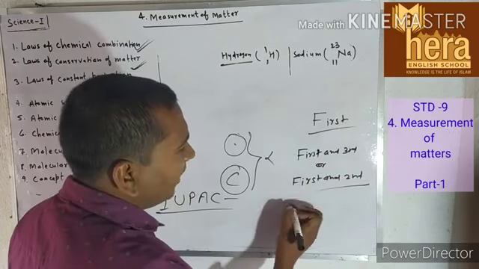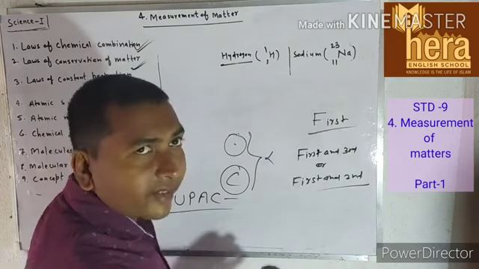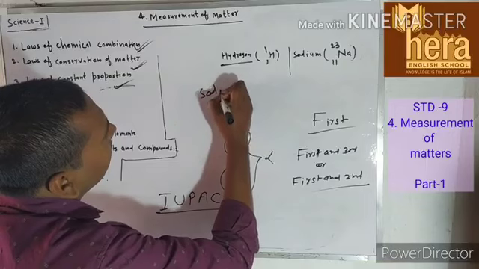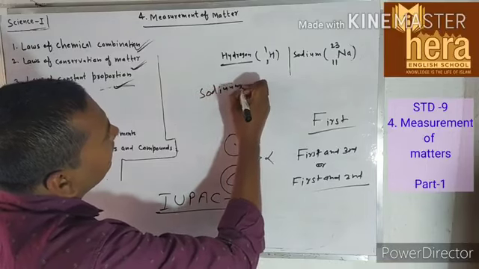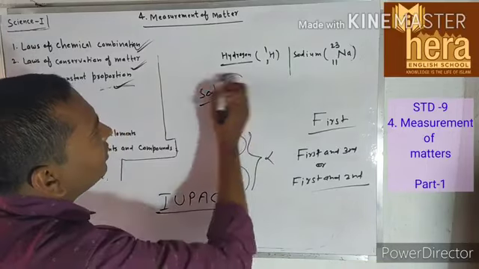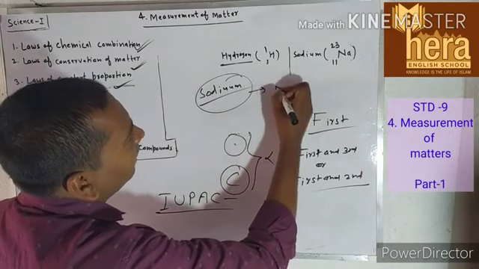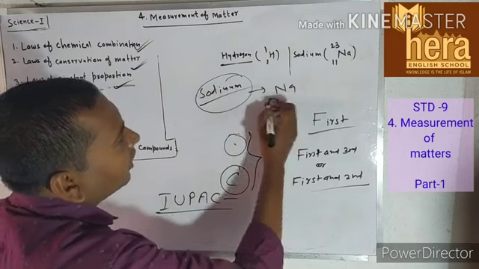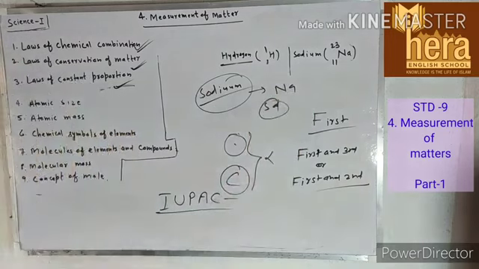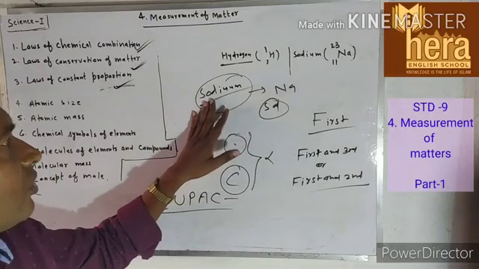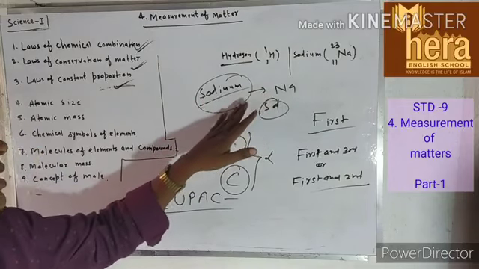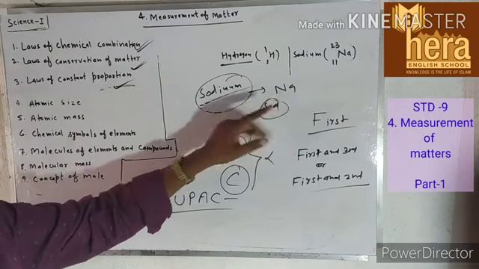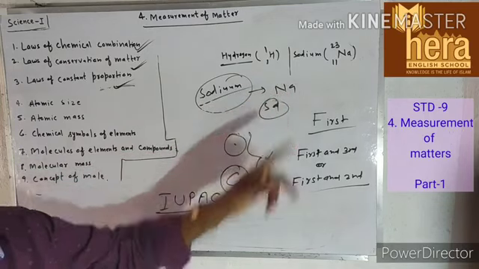The first letter is always capital. For example, sodium. The symbol of sodium is Na. Don't say the symbol of sodium is Sd. Actually, in the Latin word, sodium starts with Na. So Na is from the Latin word.